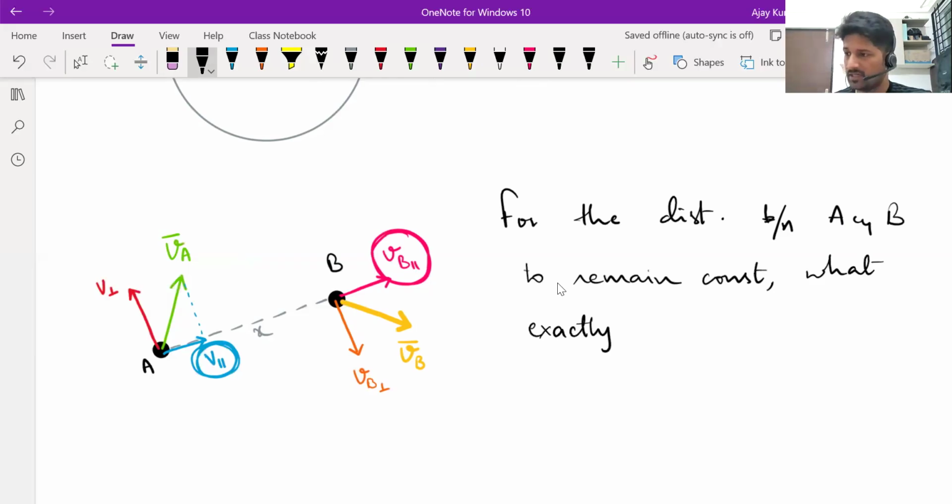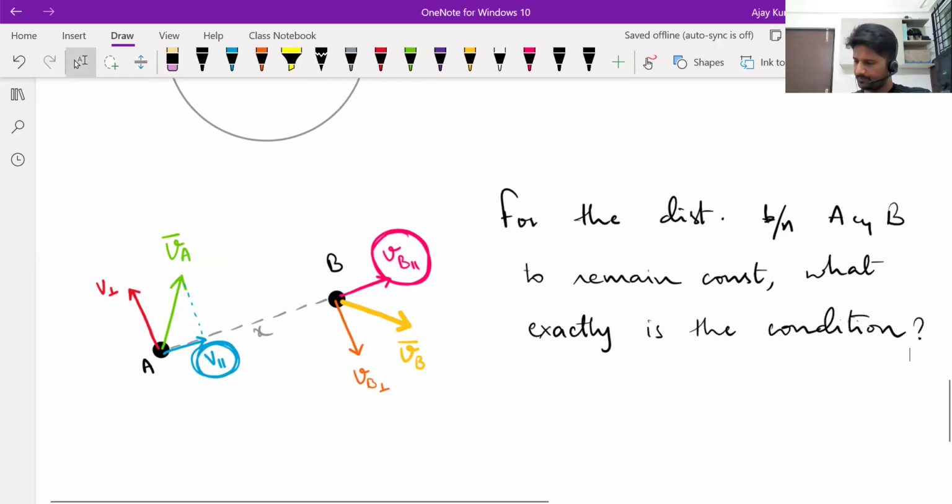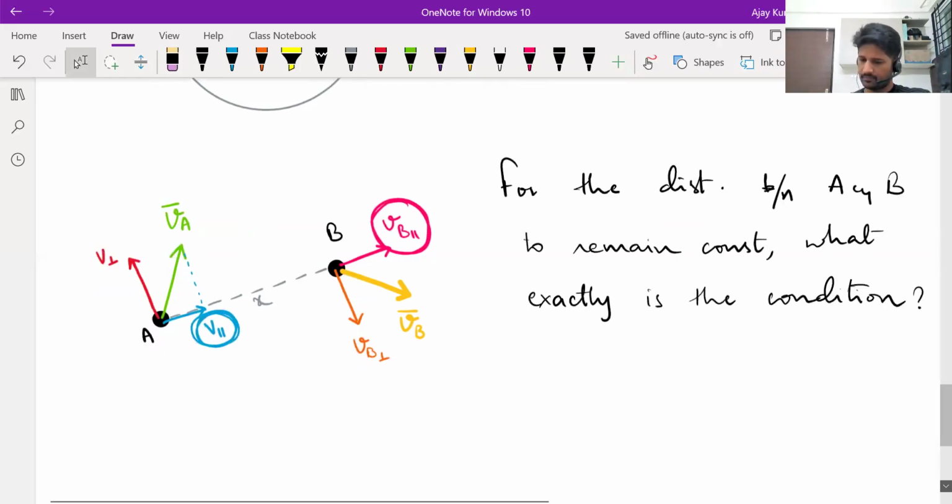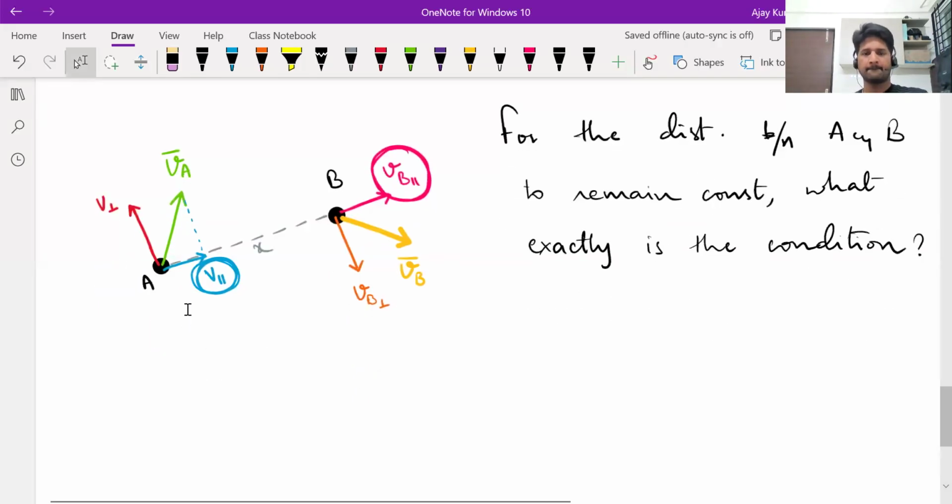Should their velocities completely be equal, or what exactly is the condition is my question. Aishwarya, can you tell me? So VA parallel should be equal to VB parallel, correct.